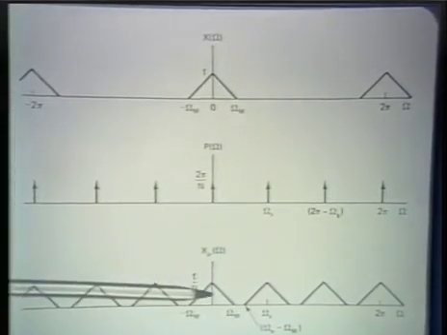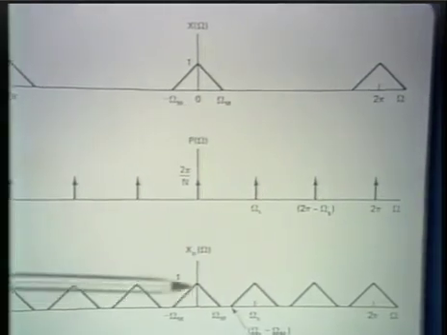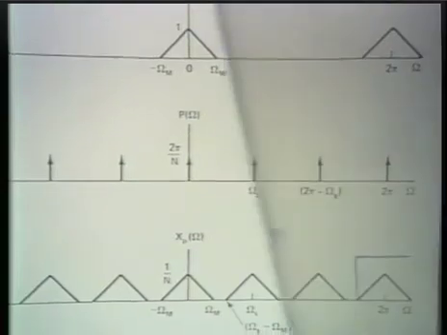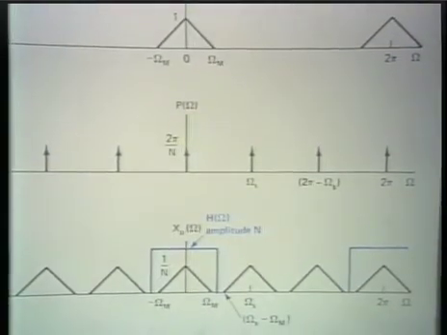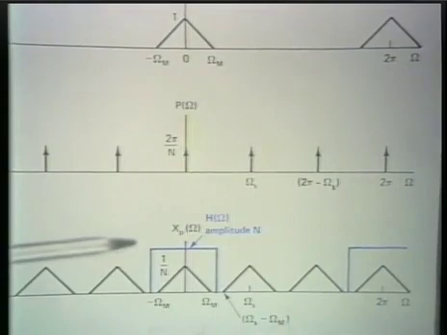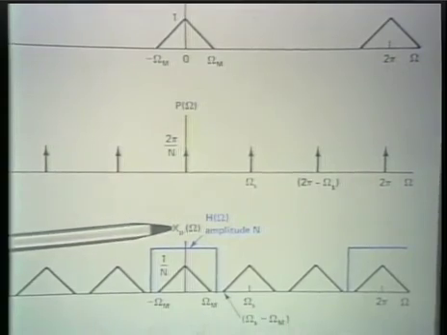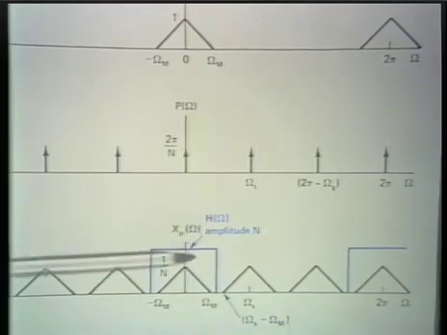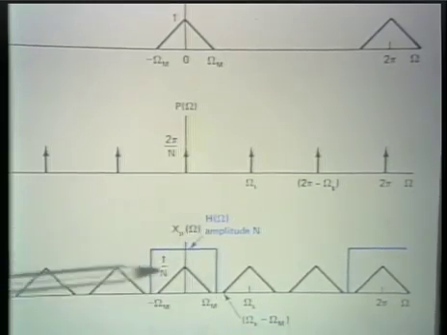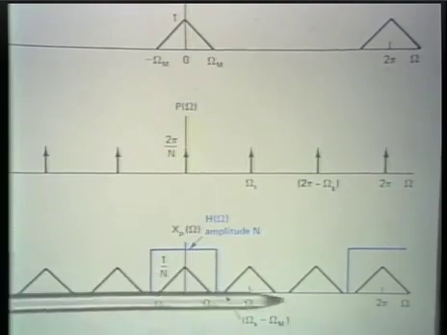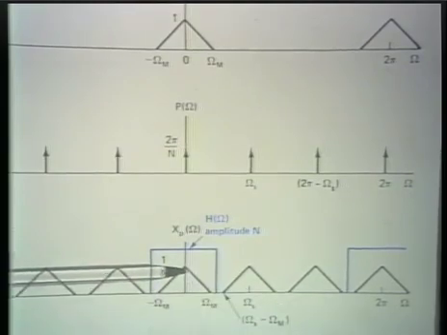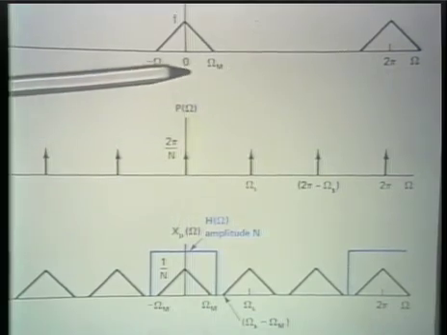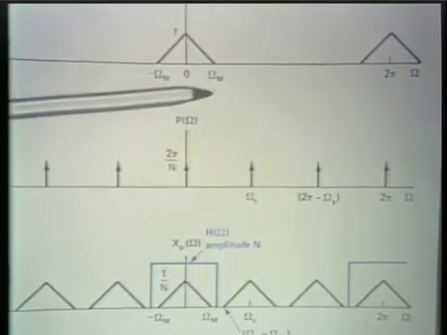And the question now is, how do we recover this one from this one? Well, the way that we do that, just as we did in the continuous time case, is by low-pass filtering, in particular processing in the time domain or in the frequency domain. This, with an ideal low-pass filter, has the effect of extracting that part of the spectrum that, in fact, we identify with the original signal that we began with.